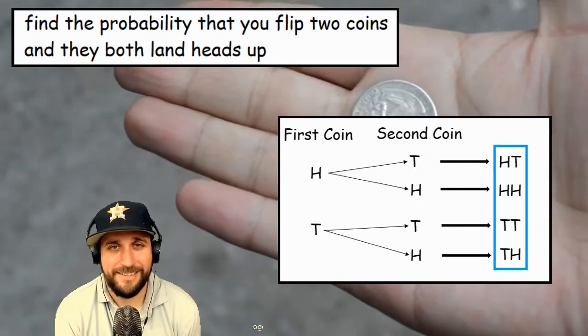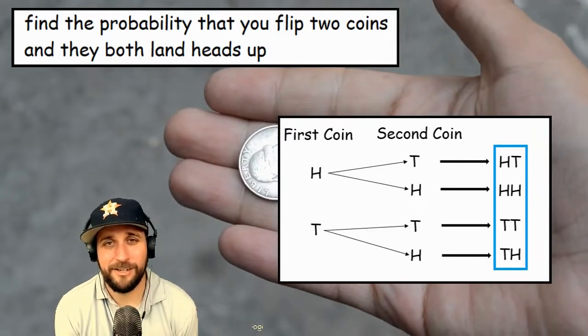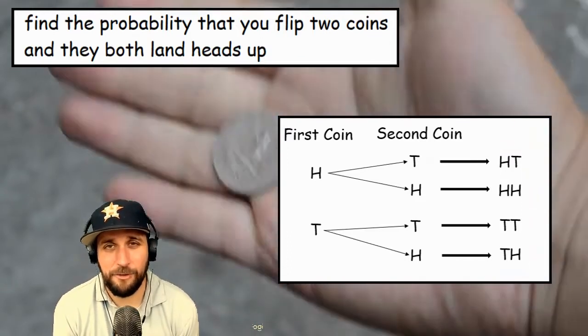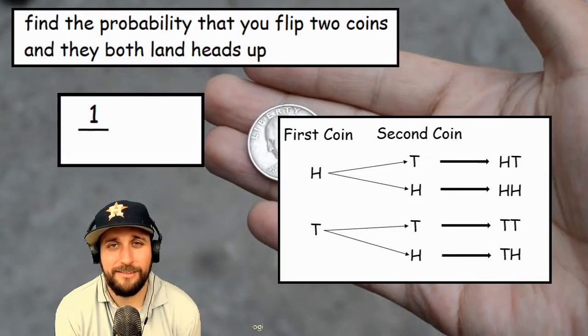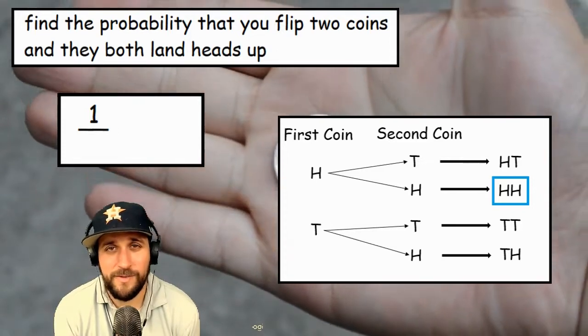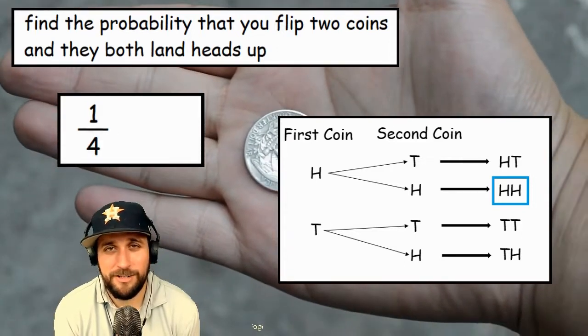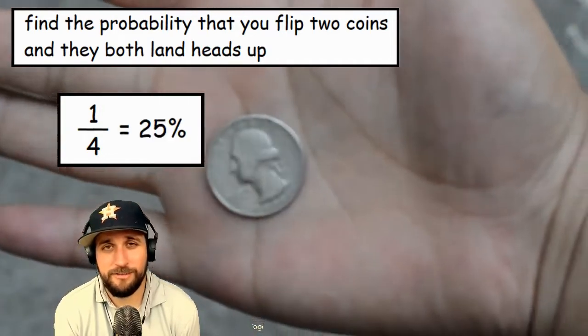I could have gotten a heads and then a heads, or a heads and then a tails, or a tails and then a heads, or a tails and then a tails. So four outcomes. So how many ways can I get two heads? One, that one. And over the total number of equally likely outcomes, there were four outcomes. So my probability should be 1/4 or 25%.